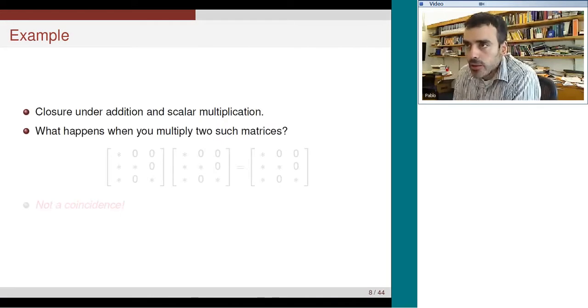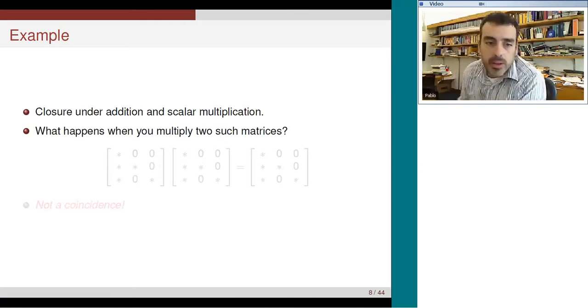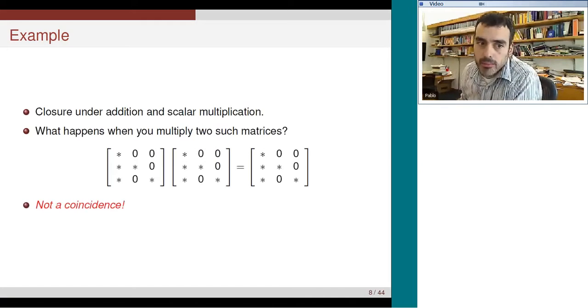The interesting part is, of course, what happens when you multiply them. In this case, if you take a matrix that looks like this, and you multiply it by another matrix that looks exactly like this, then when you multiply these two, you will see that the structure of this matrix is going to be exactly the same.